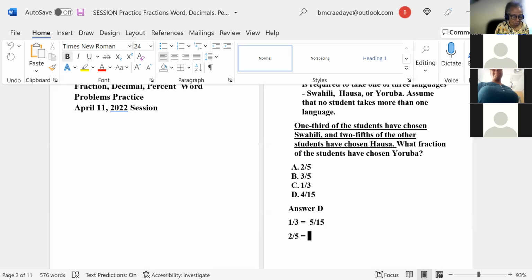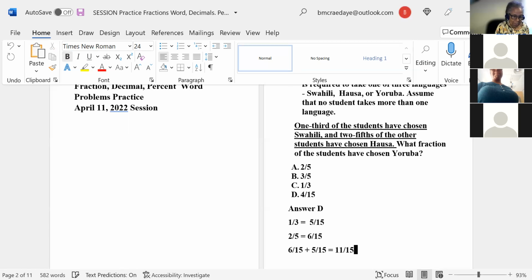And so 3 times 2 is 6, and 3 times 5 is 15. So you have it in 15ths, right? So let's add those together. 6 over 15 plus 5 over 15 equals 11 over 15.